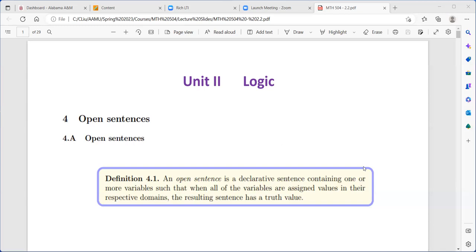An open sentence is a declarative sentence containing one or more variables such that when all of the variables are assigned values in their respective domains, the resulting sentence has a truth value.